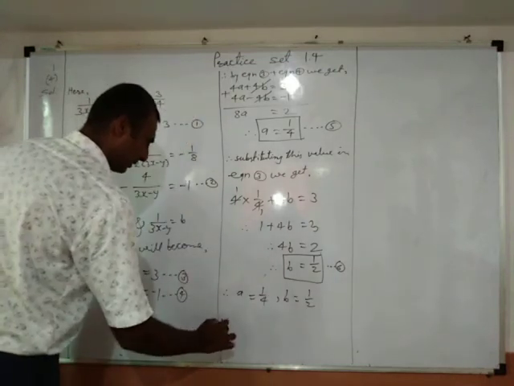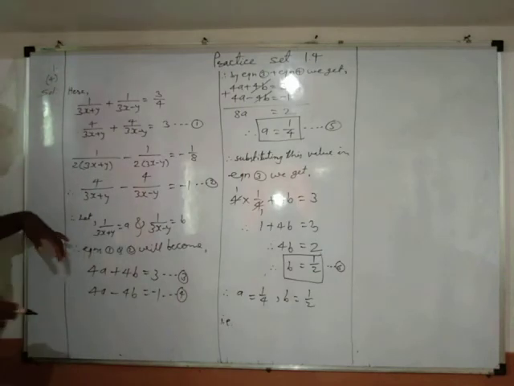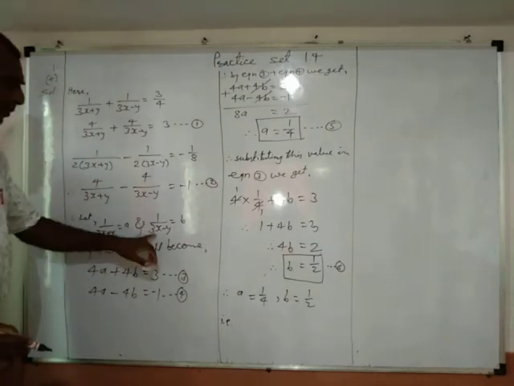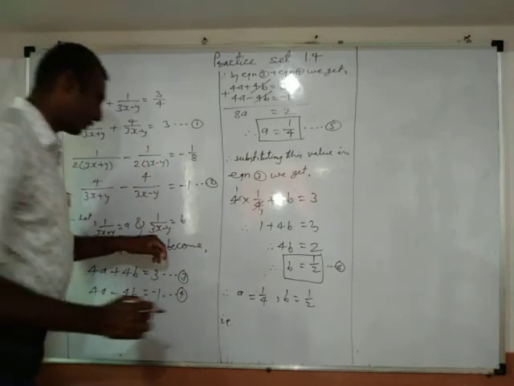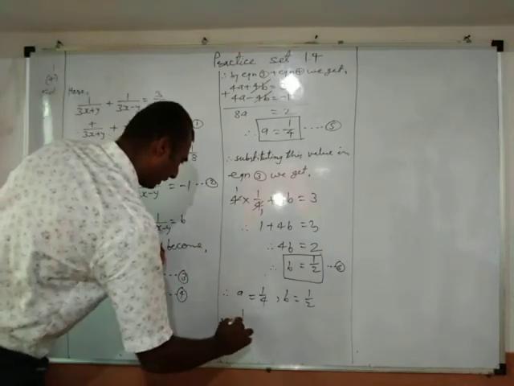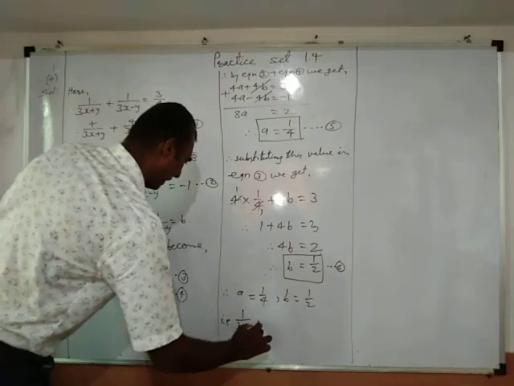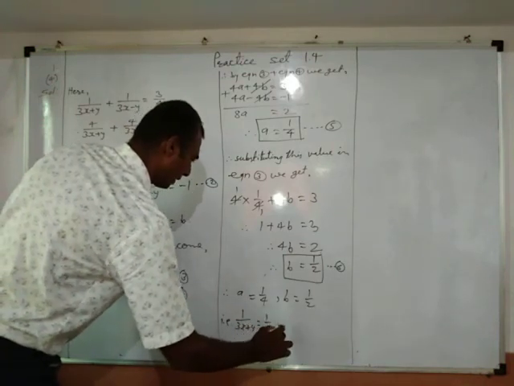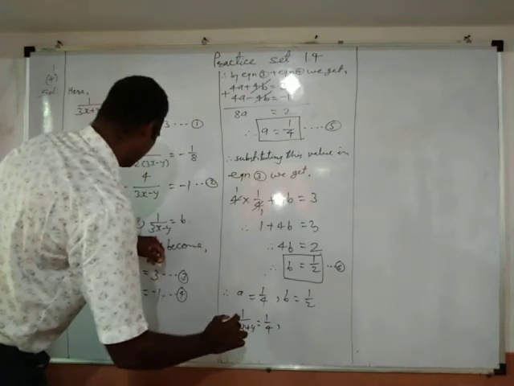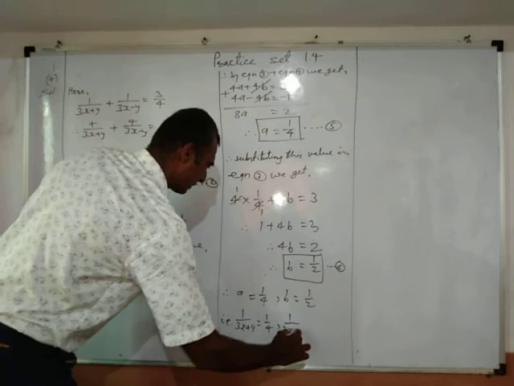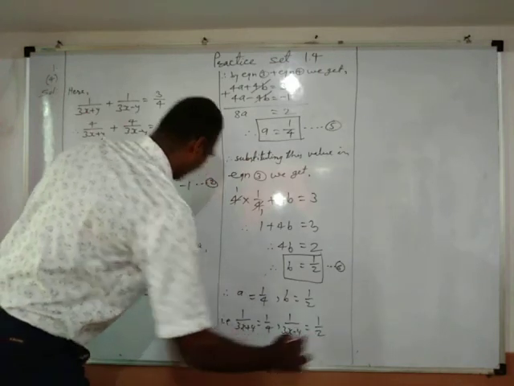That is, on resubstitution, a is 1 upon 3x plus y and b is 1 upon 3x minus y gives, that is 1 upon 3x plus y equals 1 by 4 and 1 upon 3x minus y equals 1 upon 2.